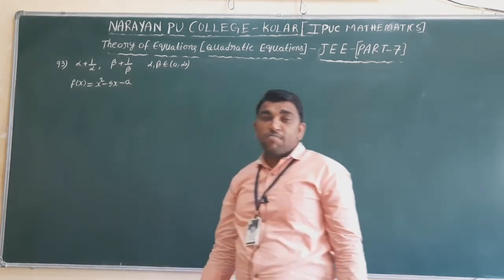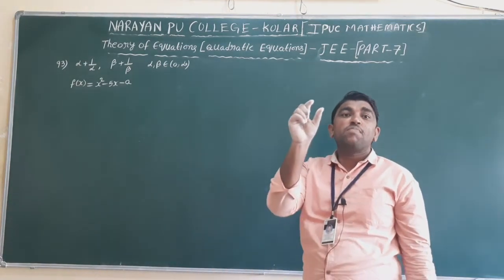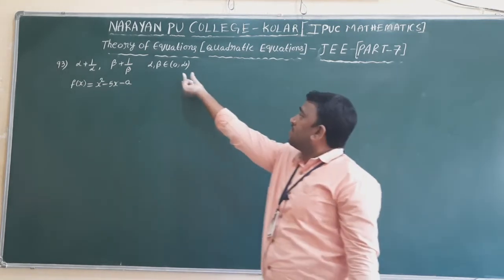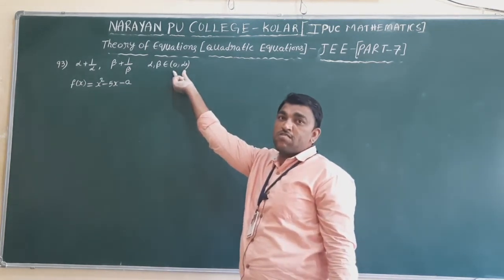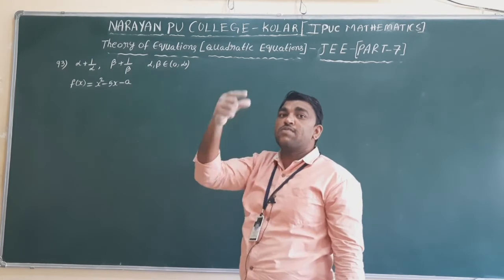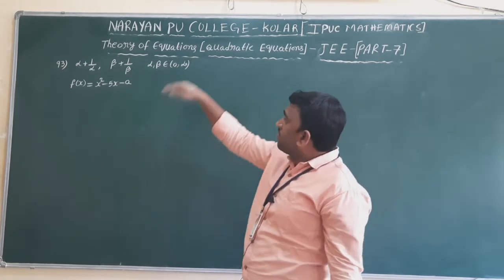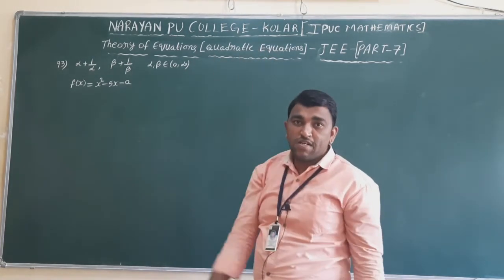So for alpha beta values we need to take the positive numbers only. That is the meaning. So 0 is not included, means from starting 1 you can take up to infinity. That is alpha and beta values.